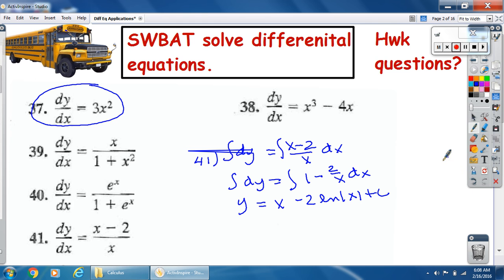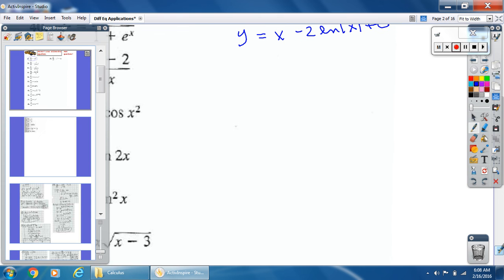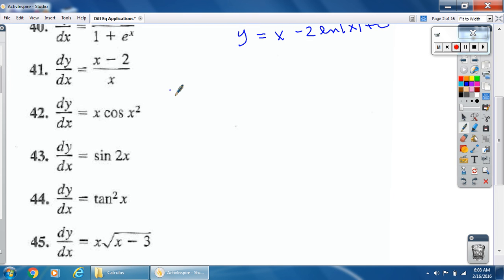Moving on, let's just do this instead of erasing. Number 43. Separate the variables. I get dy equal to sine 2x dx.